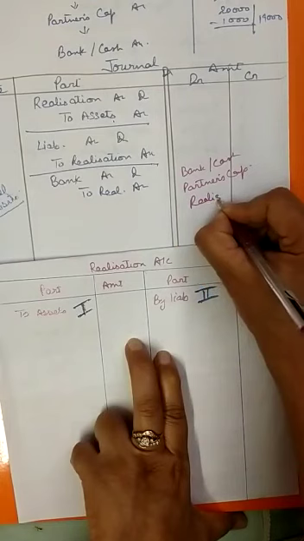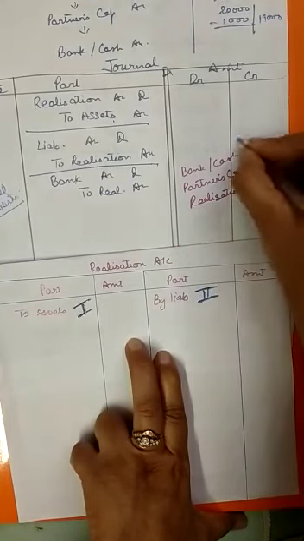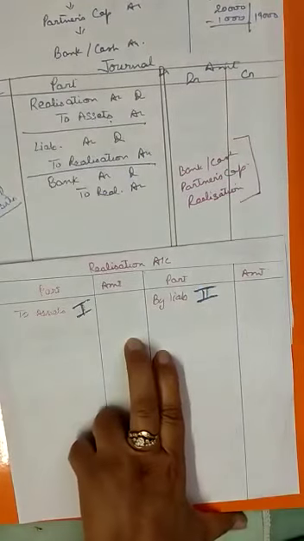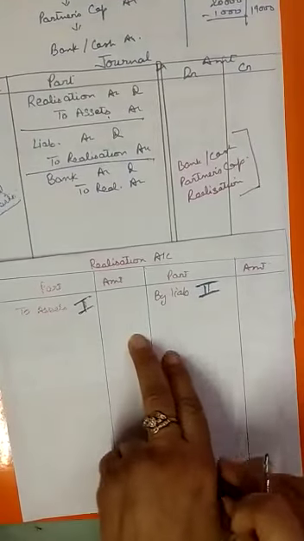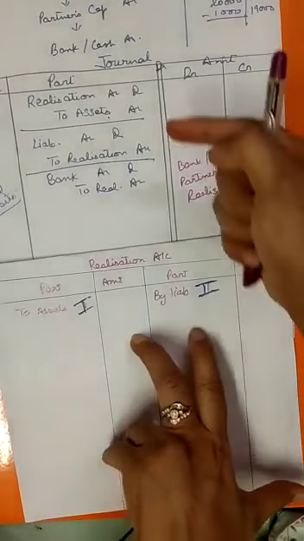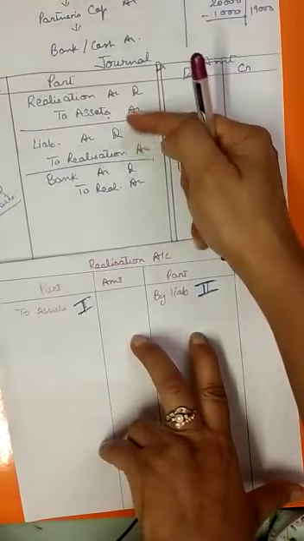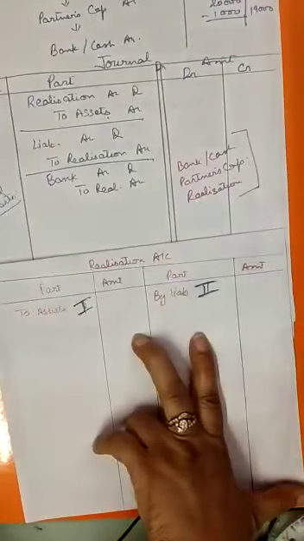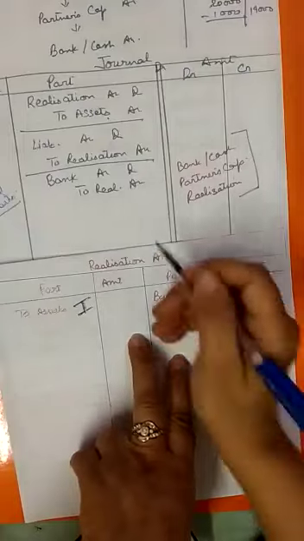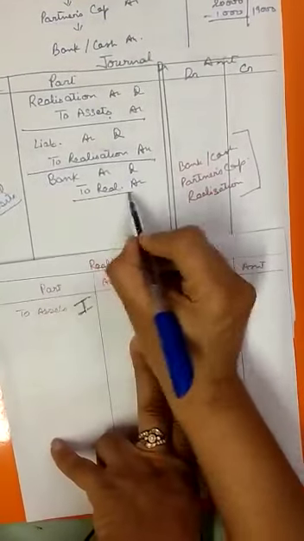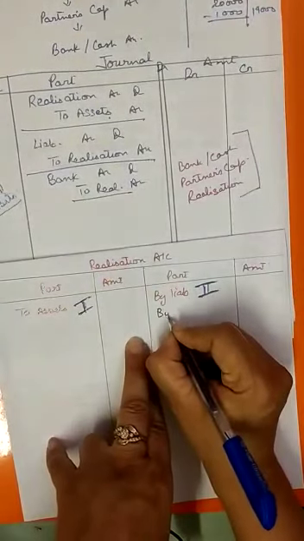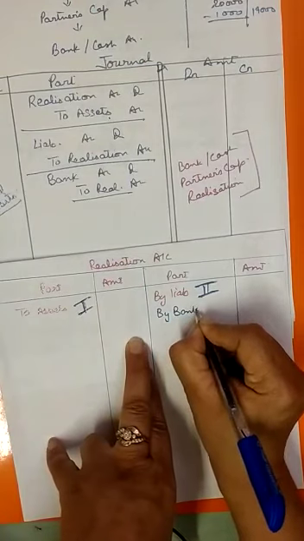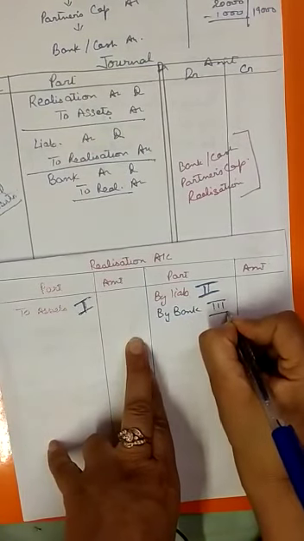Only these things will be there in all the entries because you have closed all assets and liabilities. So whenever you are framing any journal entry after these steps, the following steps will have only these accounts if it has to be right. So bank to realization, so whenever you sell you will write by bank. This is your step number 3.